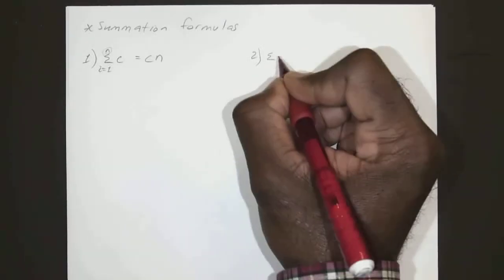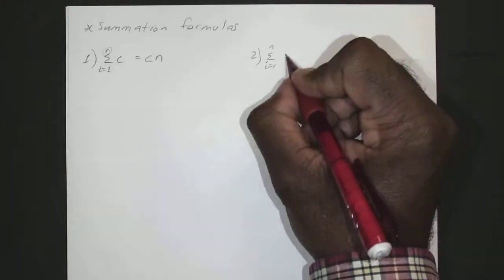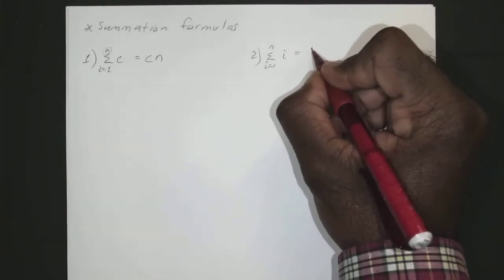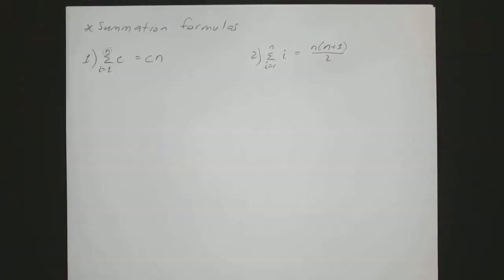Okay, and for 2, you have the sum i equals 1 to some upper bound of i. That's equal to n times n plus 1 divided by 2.